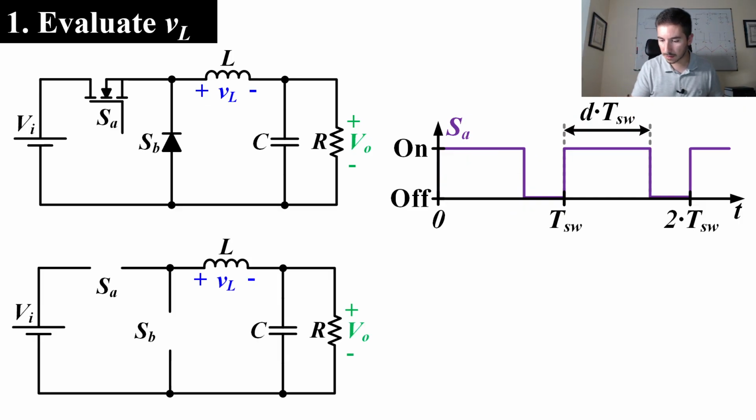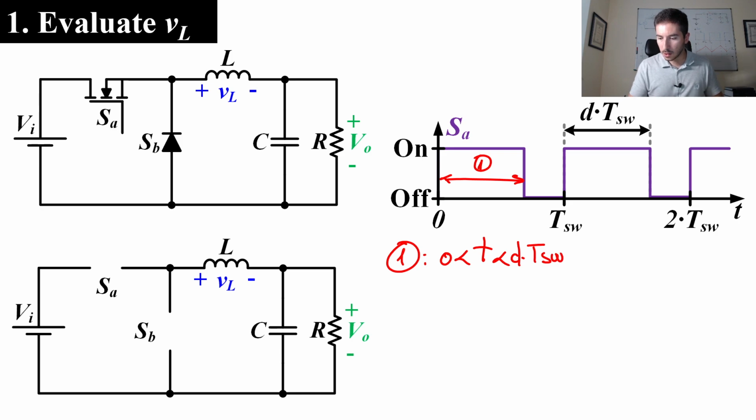So in the first state, what we know is that switch A is on. So here we can put a short circuit. As a consequence, the voltage here is VI. In this way, diode SV is blocking VI, so the diode is off. We can put here an open circuit.